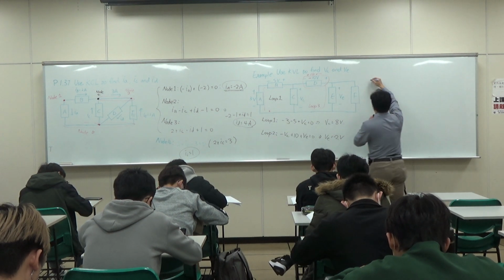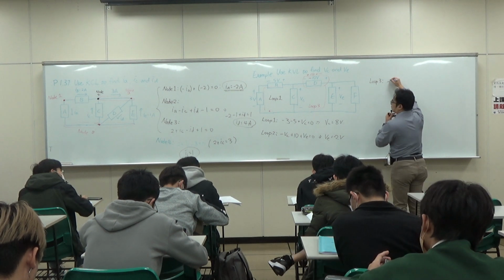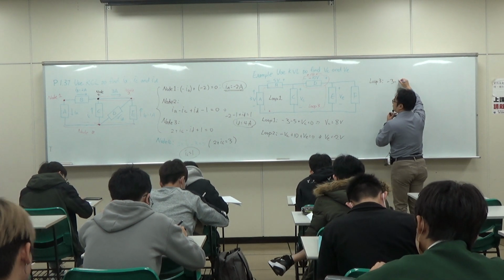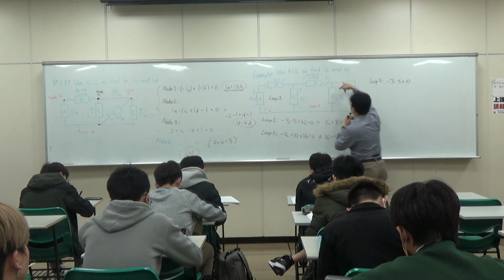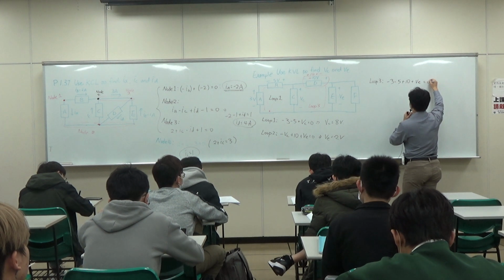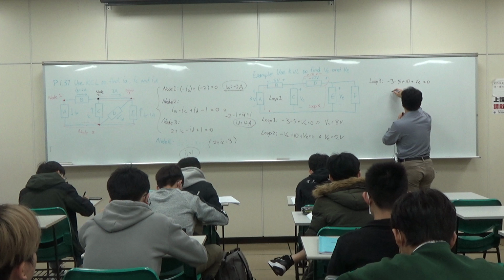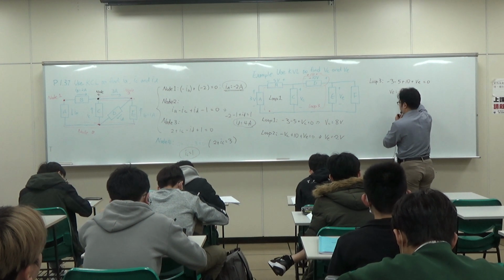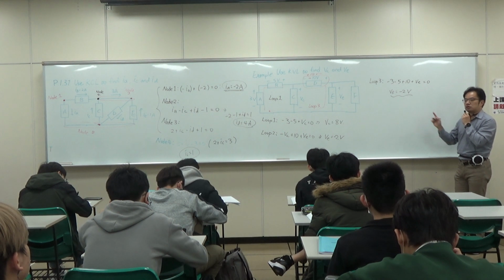So loop 3, it has minus 3, minus 5, plus 10, plus VE equals 0. So here, VE is minus 2V. Yes, it also satisfies loop 3.